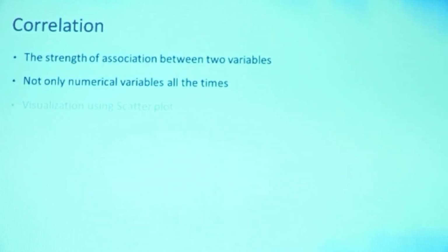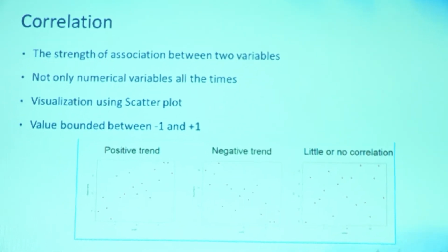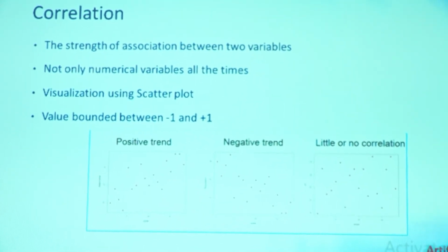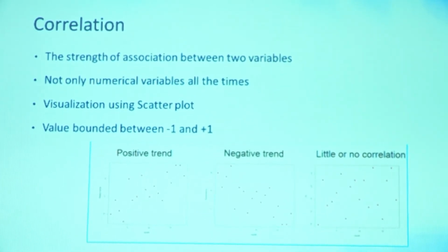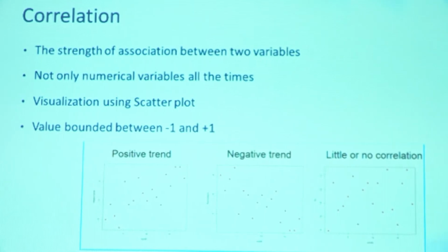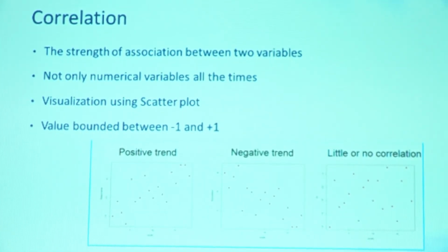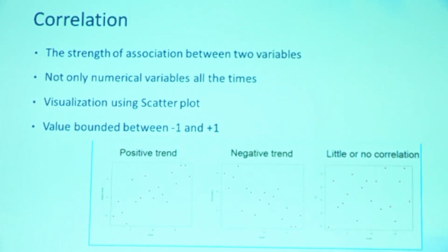Now talking about correlation. What does correlation help in? Correlation gives you the strength of association between two variables. All of you, correlation is an important topic. Please understand it. Correlation gives you the strength of association between two variables, not only for numerical variables all the time.